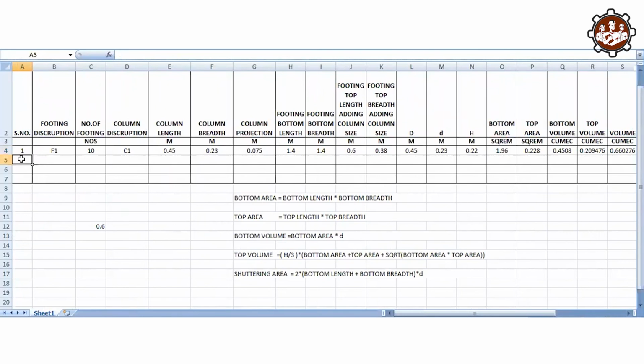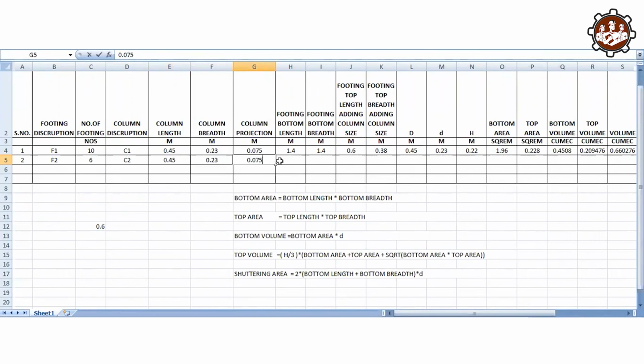Then we go for the second footing, F2, which has 6 numbers. This column is C2. The column length is the same, 0.45. Column breadth is the same, 0.23. The column projection is the same, 0.075.